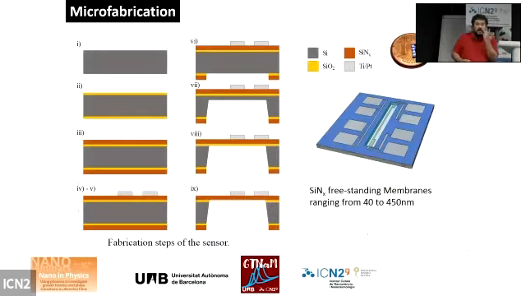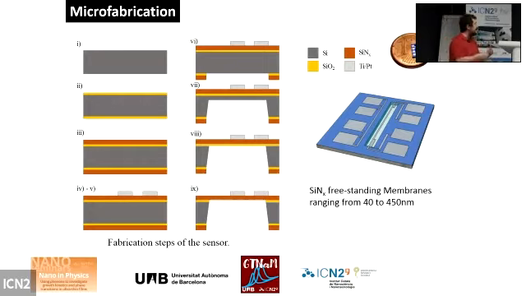I will not enter too much into details on the equations. But we saw that this is a very simple device, very close to the devices that we are used to fabricating in our group, the nanocalorimeters, following the same strategy: starting with a silicon wafer, with a thermal oxidation, and low pressure chemical vapor deposition of silicon nitride.